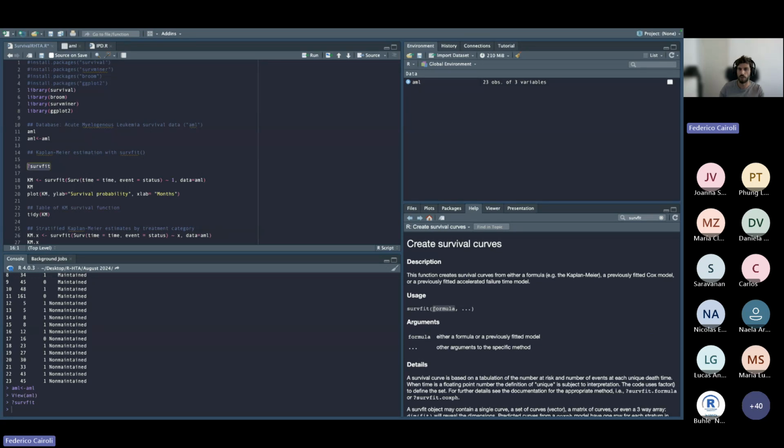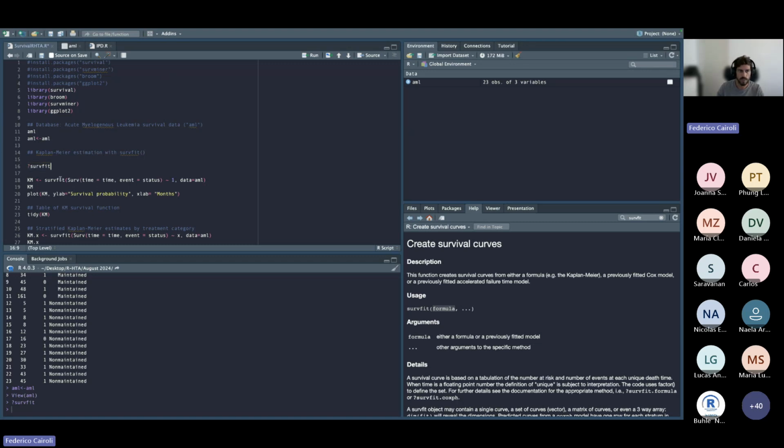And this is when this formula appears. So basically, the formula that this function needs is one in which we can tell R what about the follow-up time, what about the event for each of our patients in the database.